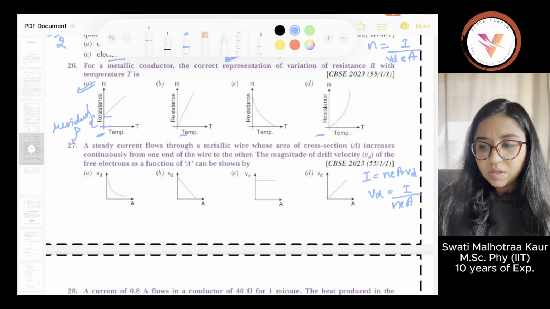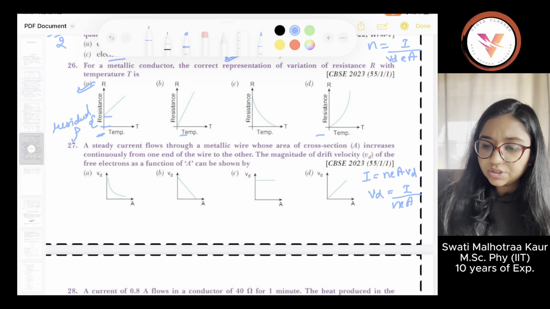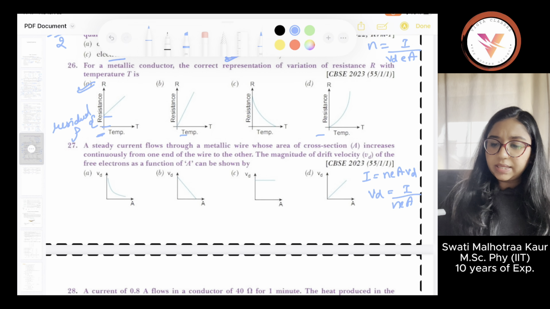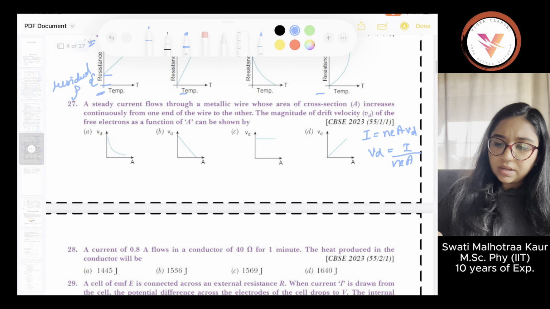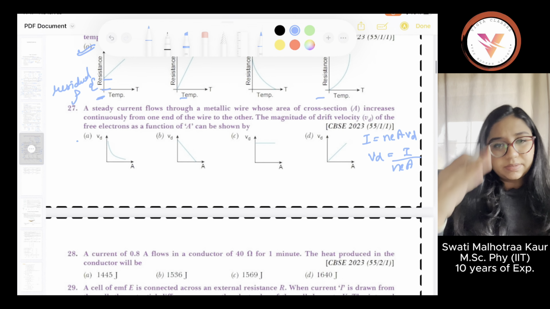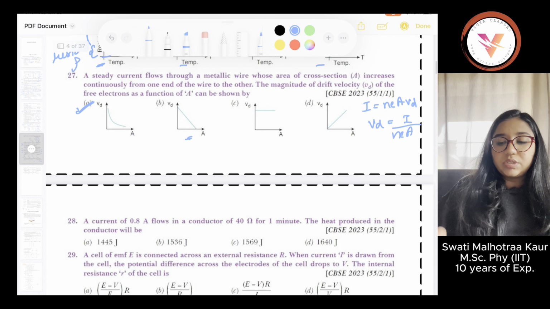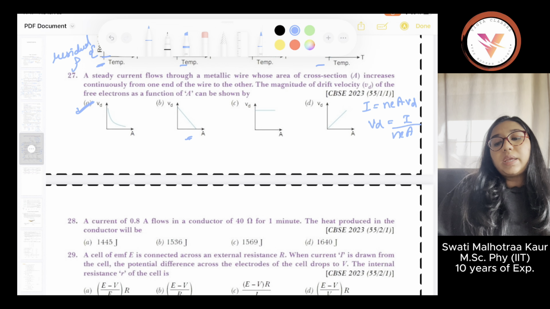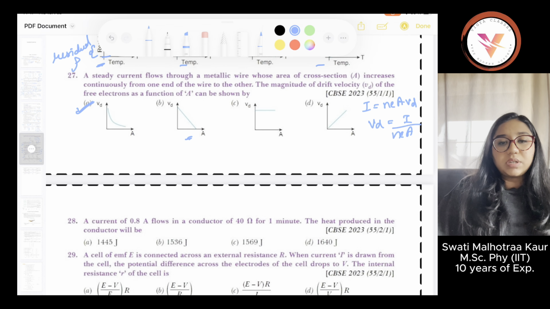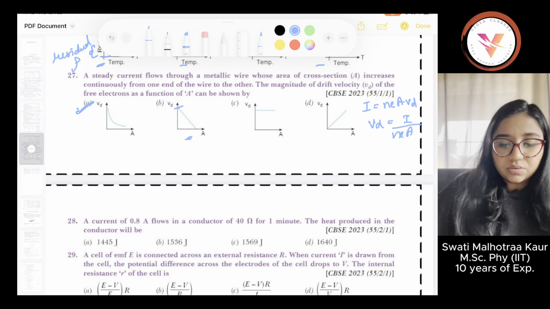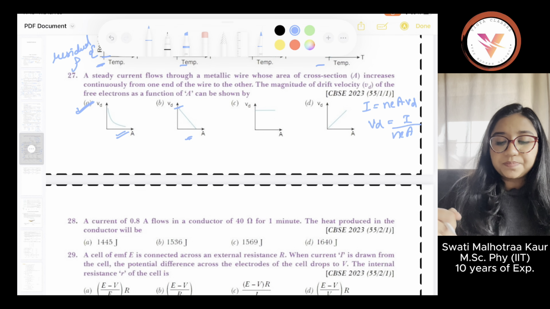So current is steady, cross-section increases continuously, so it will decrease. And how will it decrease? It decreases like this, not linearly. Don't go with this, okay? Because this shows that when area is 0, then VD is 0. But it's not like that. It goes to infinity. So this is the appropriate one.